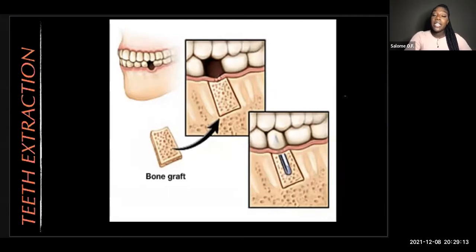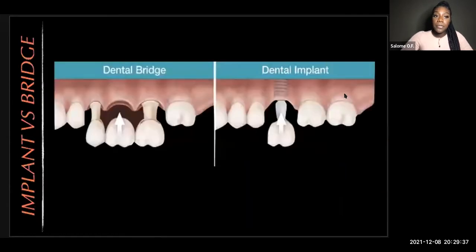So we make sure the area is in a healthy position, you have enough bone structure there, and the gum tissue is nice and healthy for you to get an implant there in the future. So very important, if you're getting your tooth extracted, make sure you ask about the option of a bone graft in that area.